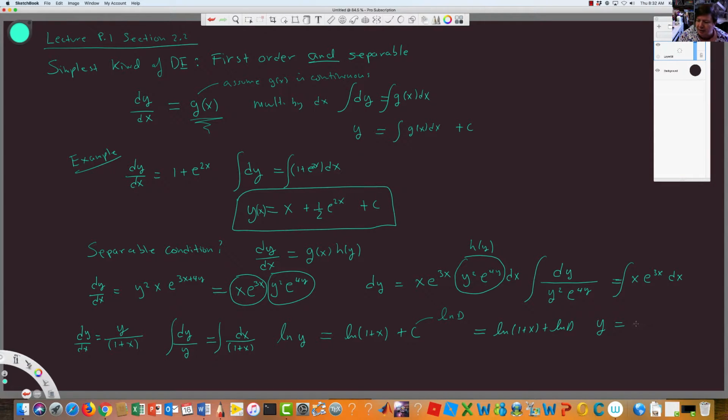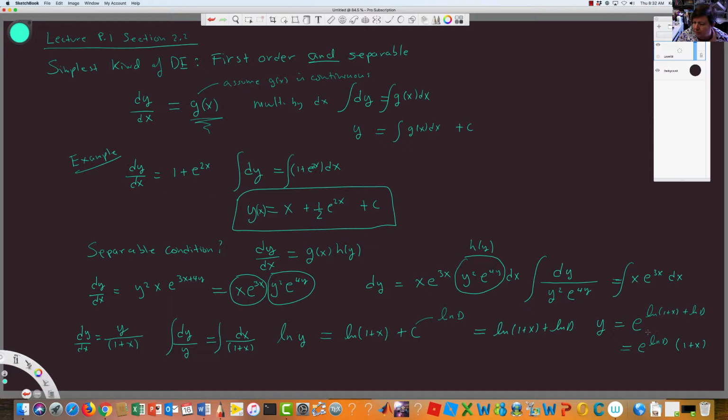On this side I get e to the ln of 1 plus x plus ln of d. But what I can do is separate that out. I get e to the ln of 1 plus x, so that's just 1 plus x, times e to the ln of d. So I'm going to write that first, e to the ln of d, and then 1 plus x.